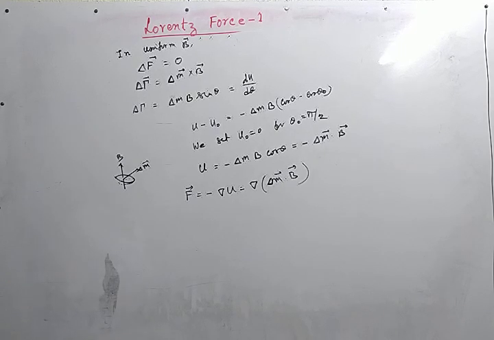In the next class, we shall consider that the magnetic field is produced by one conductor and another conductor is placed in the field. So the interaction between two current carrying conductors will be considered in the next class, which leads to Ampere's force law, which is just the counterpart of the Coulomb force law that we have used in electrostatics.